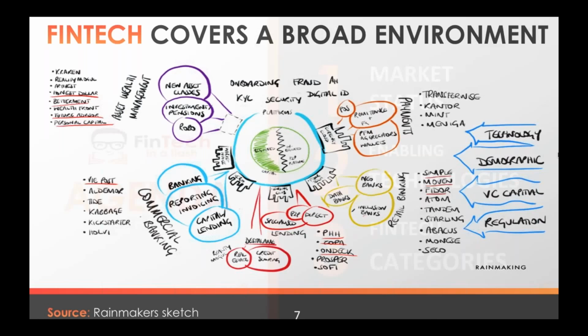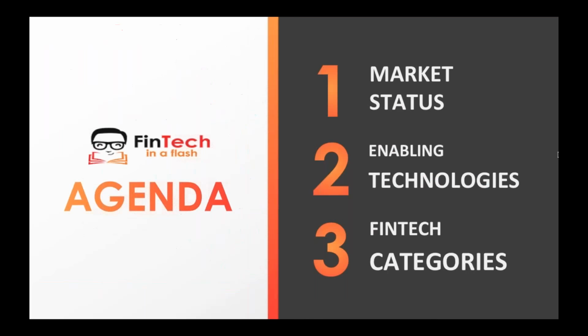So first of all, I will talk about the current market status. I want to put a highlight onto what's happened in 2017 and what's coming for 2018. Enabling technologies: I'm going to talk about the key technologies that are making fintech disruptive, and what's new. What are the new technologies that are changing fintech? And 3 fintech categories.